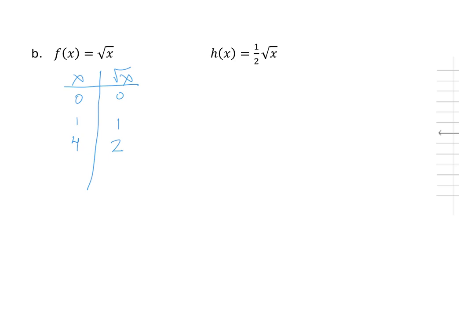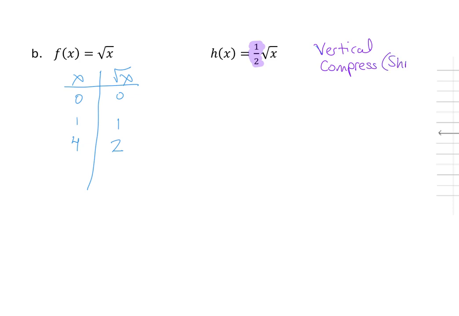Okay, so now this time, what we're going to do is the opposite. Notice here, this is a 1/2. It's outside the function, and so what this means is it is going to be vertical. We are multiplying by something, and so it is going to be a stretch or compress. And here, this is going to be a compress.